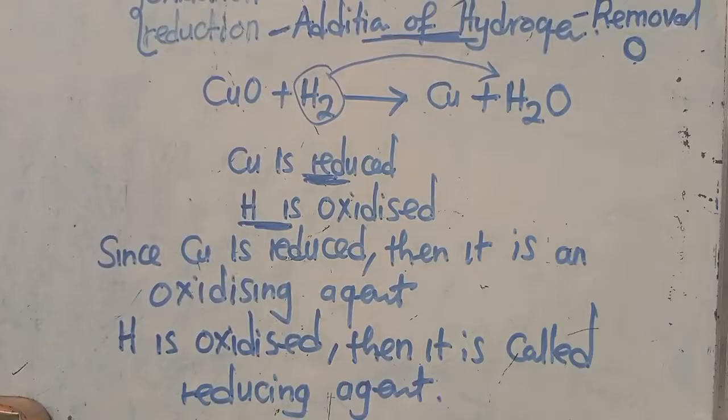Because it is reduced, we are calling it an oxidizing agent. Because it has been oxidized, we are calling it a reducing agent. So this is where we end. I guess you've understood this part, and I'm hoping for a positive response in the exercise that we are going to do.